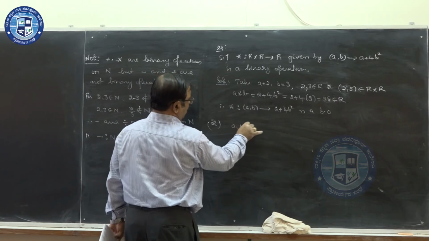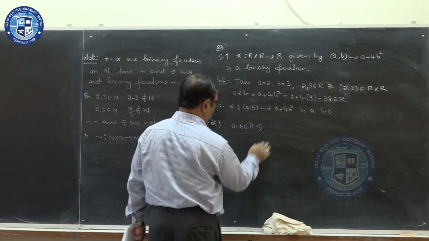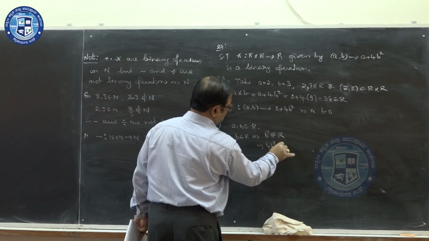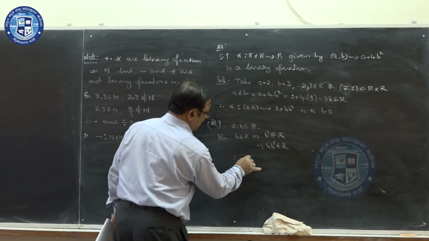A comma B belongs to R implies A comma B belongs to R. Also, B belongs to R means B square belongs to R. That implies 4B square belongs to R. Therefore, this implies A plus 4B square belongs to R. Why?